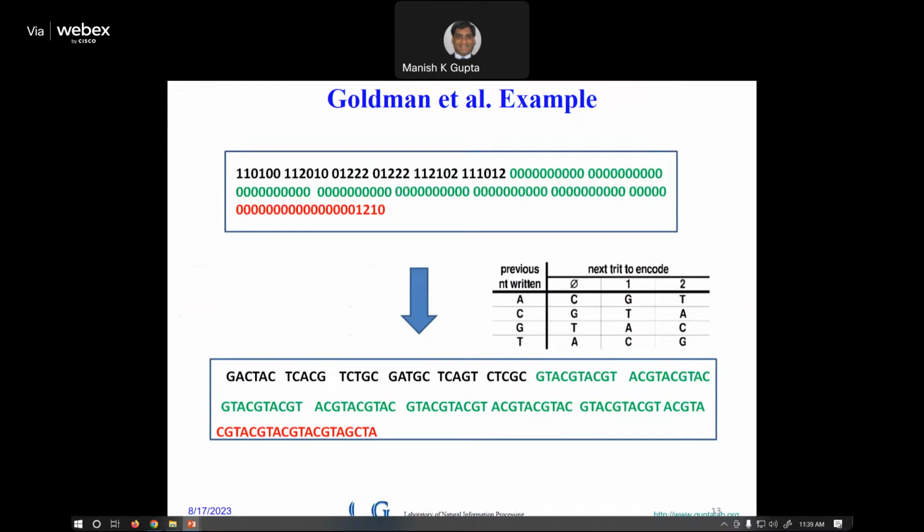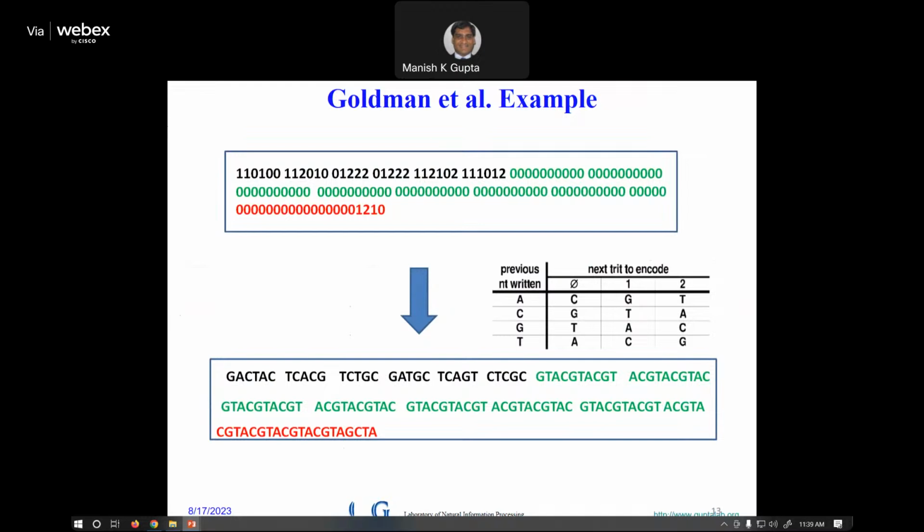AA will not come, CC will not come, GG will not come, TT will not come. Assume anything previously written, suppose the nucleotide is A. Starting from 1, 1 is converted into G. You see G is here, assuming that the previous nucleotide written is A.